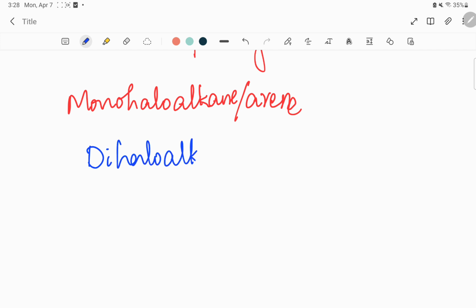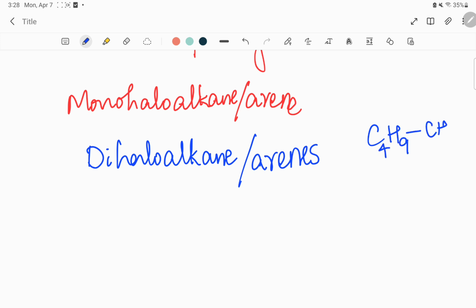The second one is dihaloalkanes or dihaloarenes, and these are basically haloalkanes and haloarenes having two halogen atoms. So for example, if I consider CH2Cl, CH3, CH2Cl, CH2Cl.